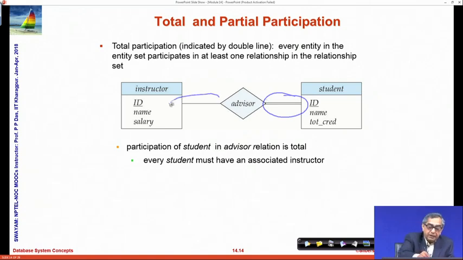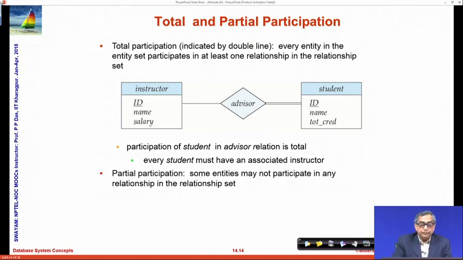But it is partial on the instructor side, because every instructor may not have a student. So, this double line shows that reality. Some entities may not participate in any relationship, which is partial.